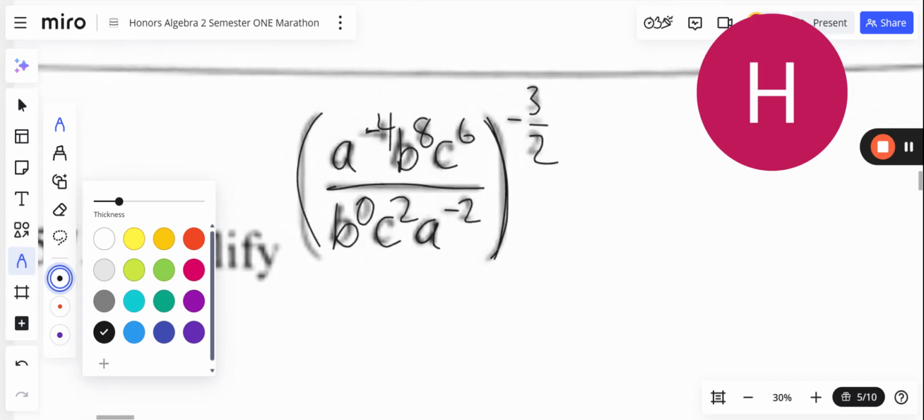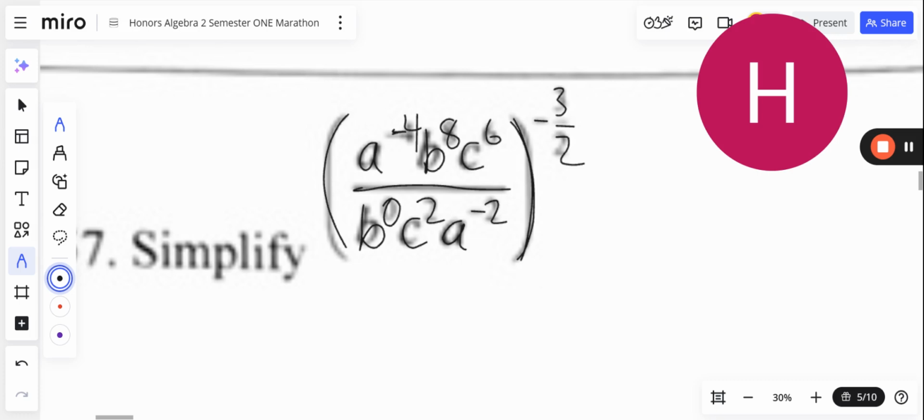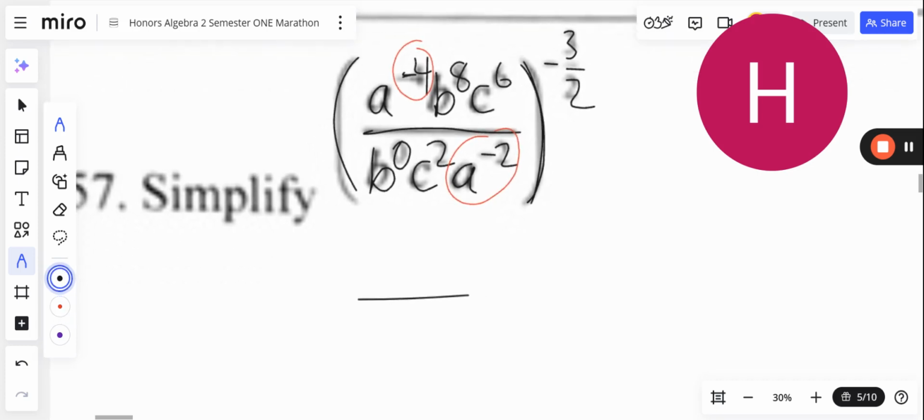Okay, first let's deal with the common bases on top and bottom. Anything that's negative, move it to the other side. So this negative 4 is going to go down to the bottom, and it's going to join the negative 2. That's going to make a squared, right? We're subtracting negative 4.